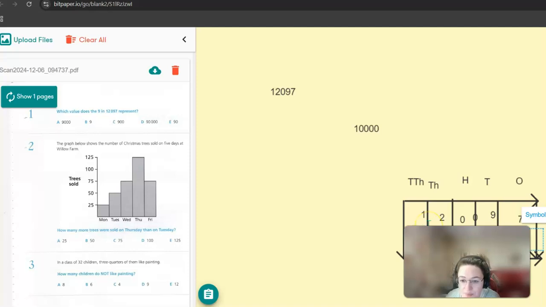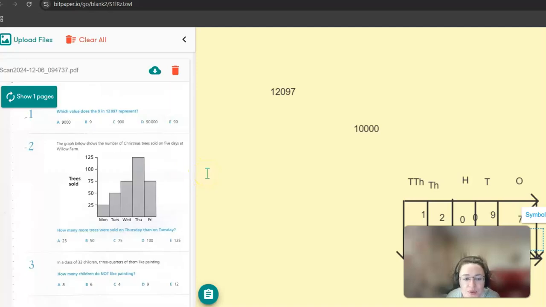So that was fairly straightforward. And I want now, just in the last few minutes of this lesson, to have a look at this graph here.